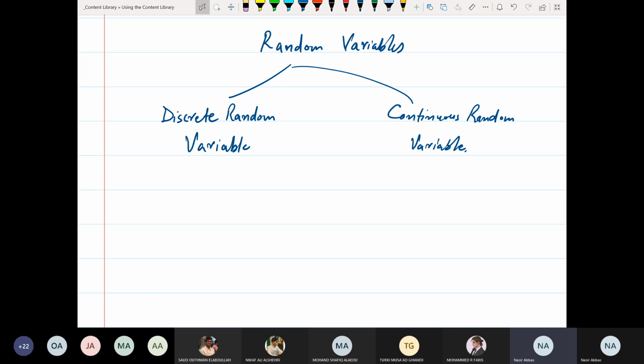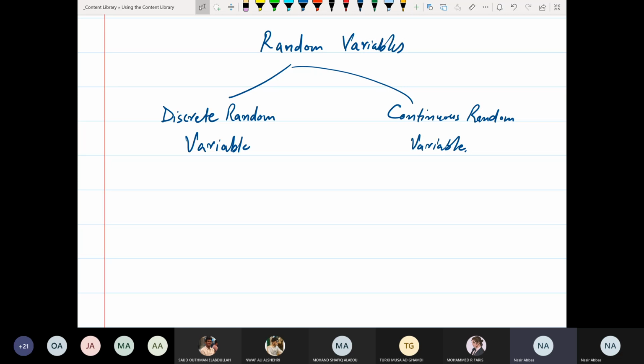What is the difference? Can anyone guess the difference between discrete and continuous? Any rough guesses? Take the example of this random variable X, which is the number of defectives.